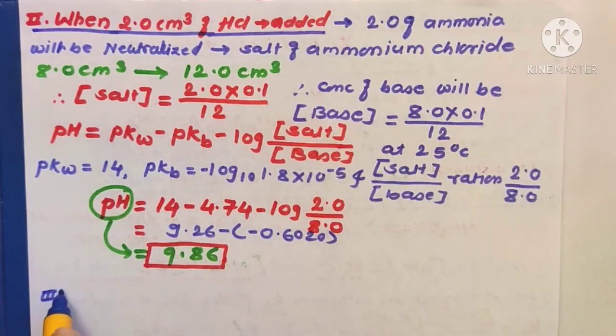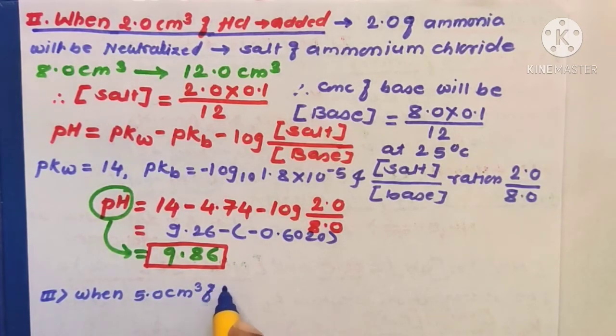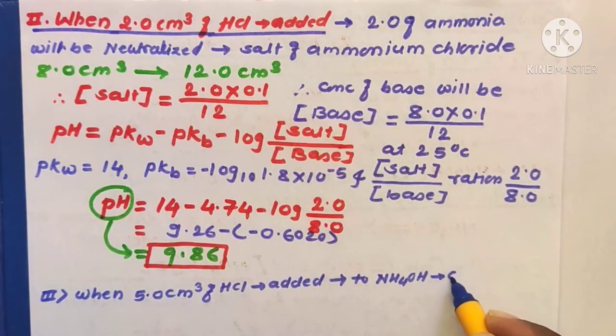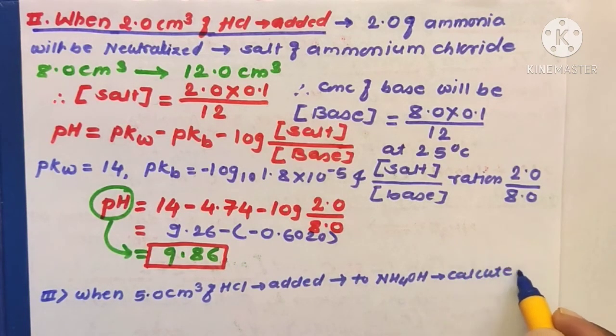You can calculate the pH of the solution when 5.0 cm cube of HCl has been added to the NH4OH solution. Calculate the pH of the solution.